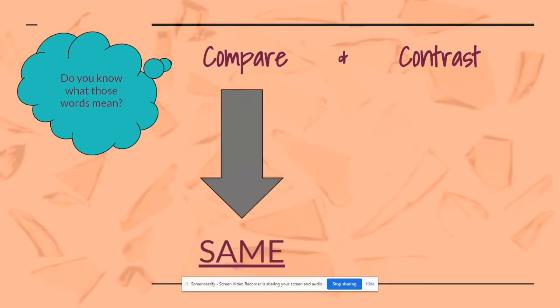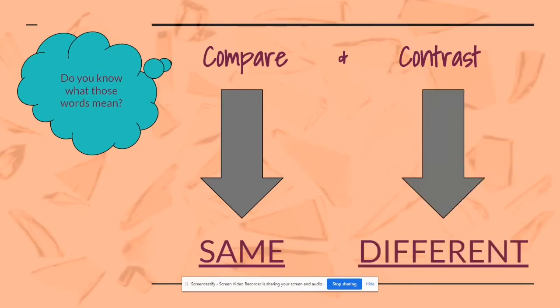Remember, compare means we talk about how things are the same. If we have ducks and geese, we talk about how they are both fowl and they have feathers and they swim in the water and that sort of thing. The word contrast means how are things different?